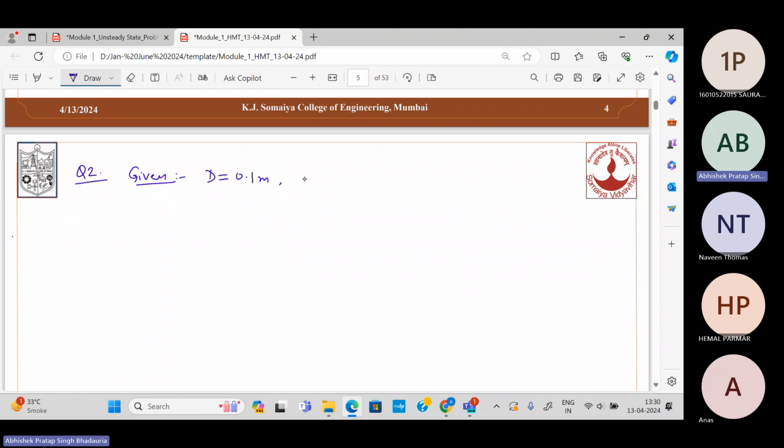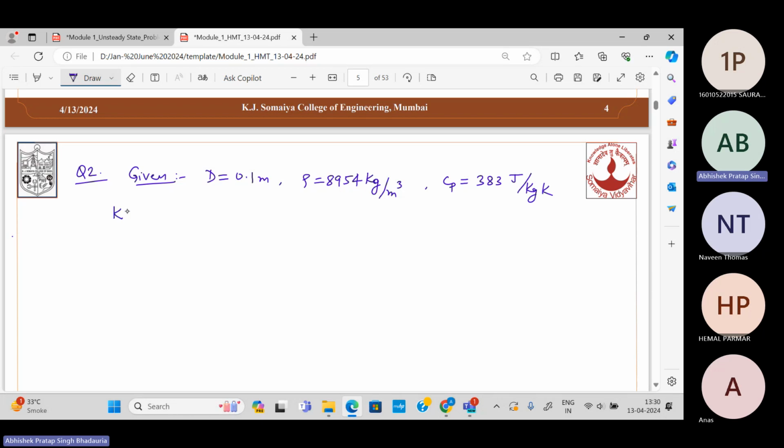The density value is given, it is 8954 kg per meter cube. The specific heat value is 383 joule per kg Kelvin. This value is also given.